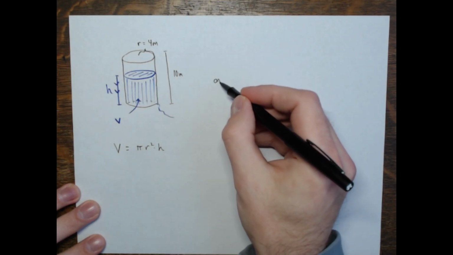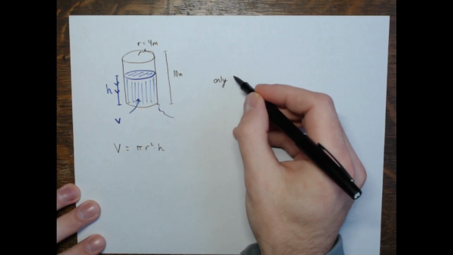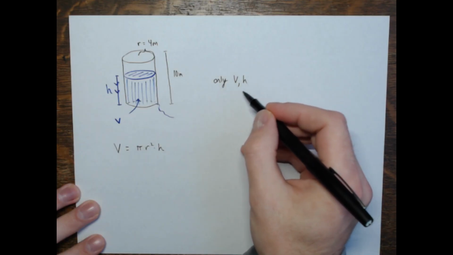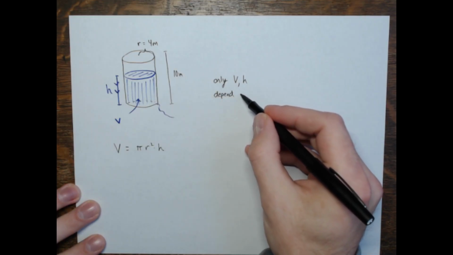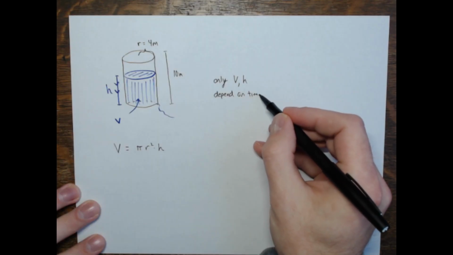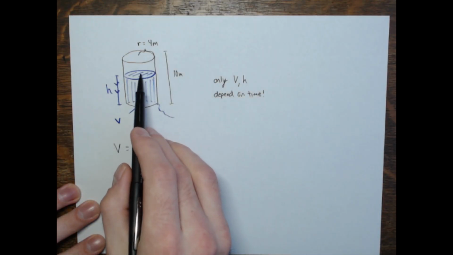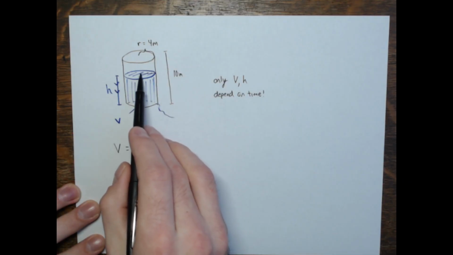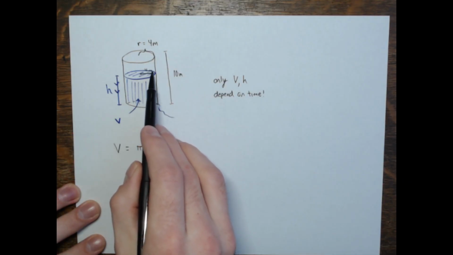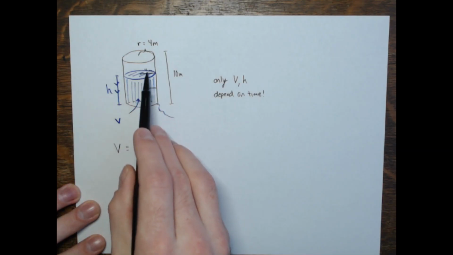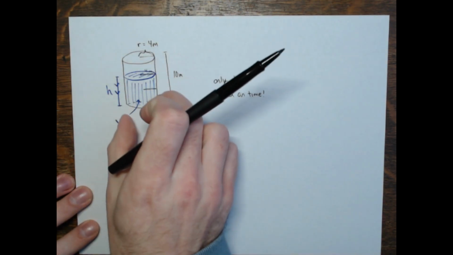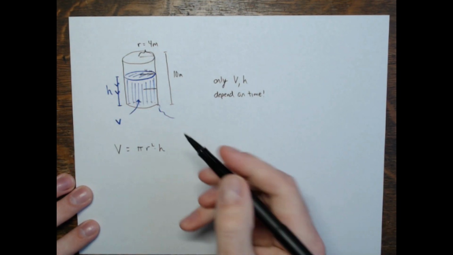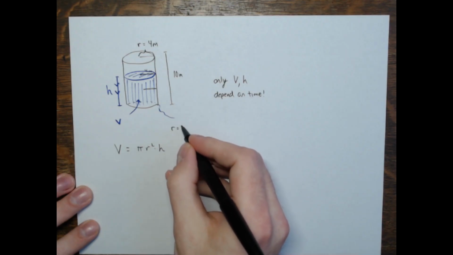But only V and H depend on time, right? They will change over time. You notice how no matter how low the water gets, the radius is still 4 meters. If you're in this cylinder, the radius is always 4.